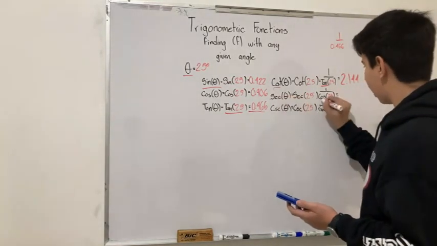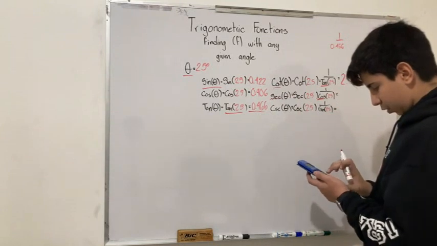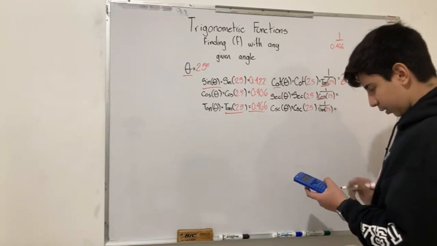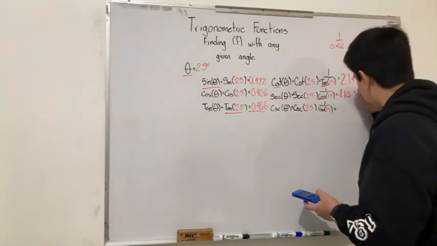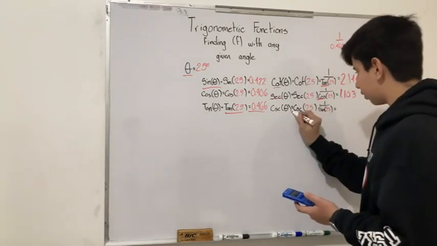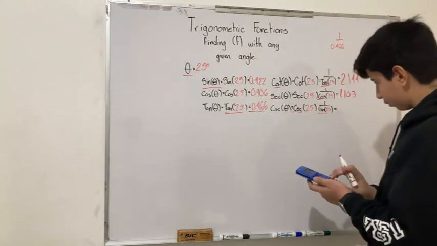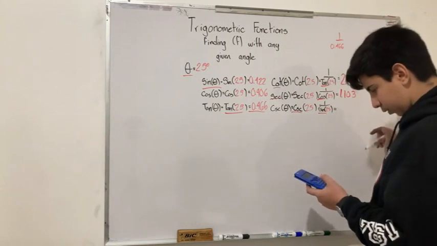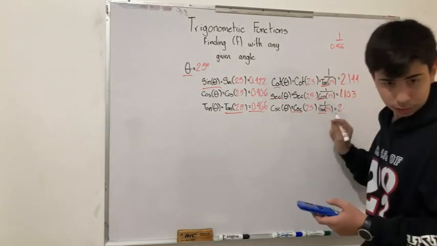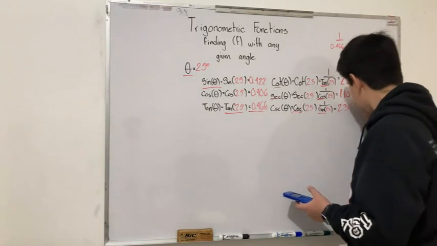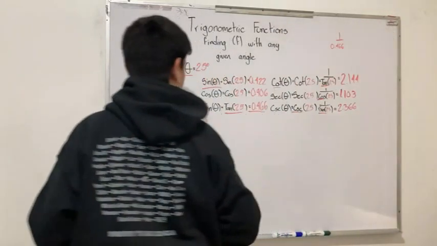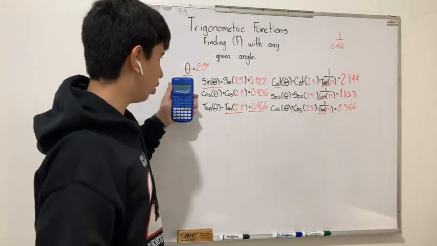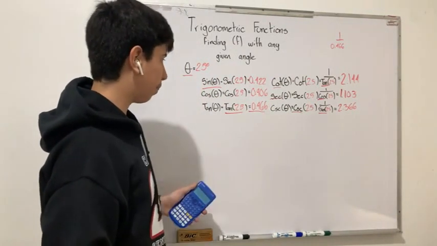Then for sec, I use cos: 1 divided by cos 25, which is 1.103. And for csc, I use sin: 1 divided by sin 25, which is 2.366. And that's how you get the trigonometric functions with any given angle, since it is the leader angle.